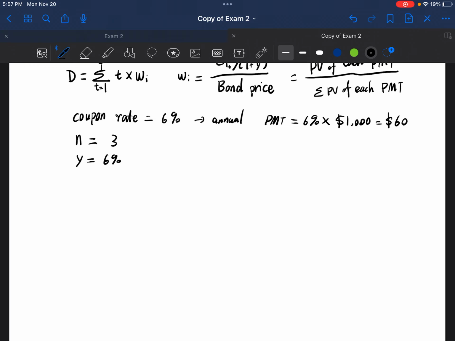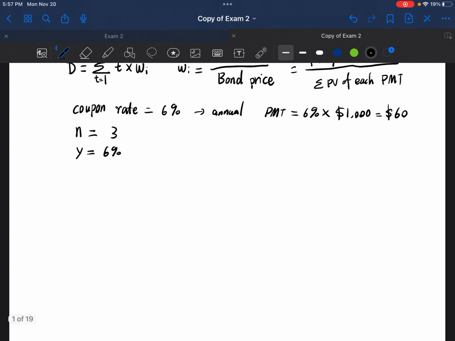it would be easier for us to construct a table from time 1 to 3.